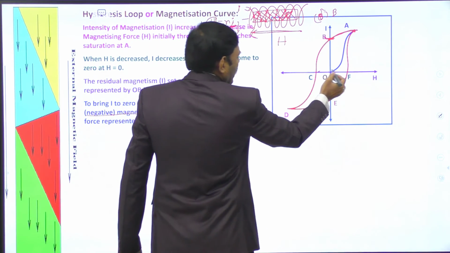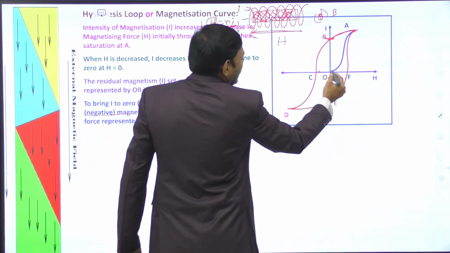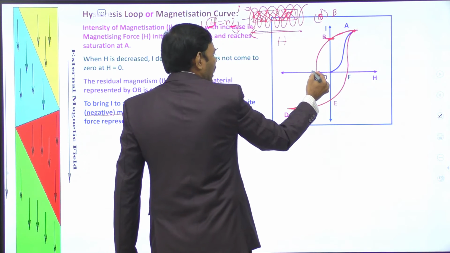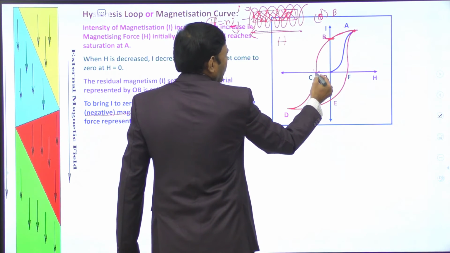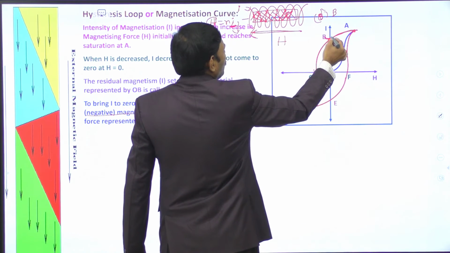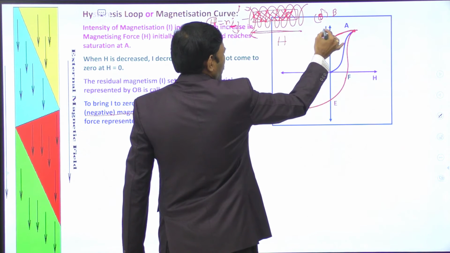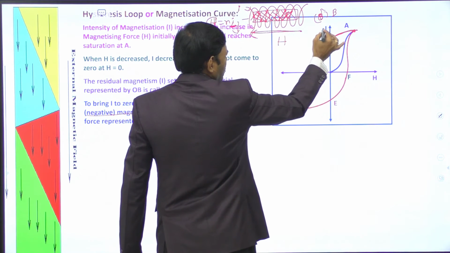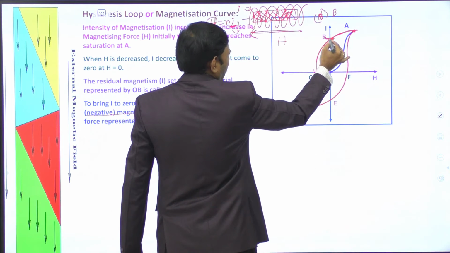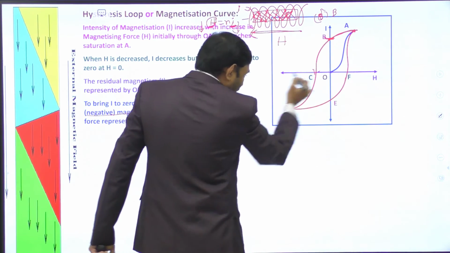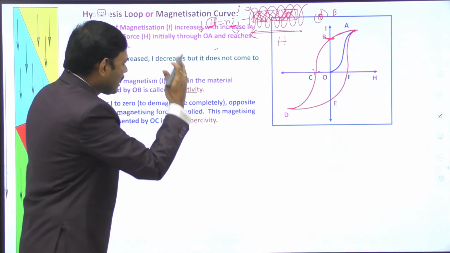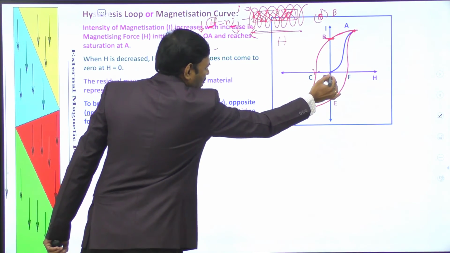When you increase the magnetizing force in the negative value, definitely at a certain negative value the intensity of magnetization of a ferromagnet becomes 0. That negative value of magnetizing force is represented by OC.